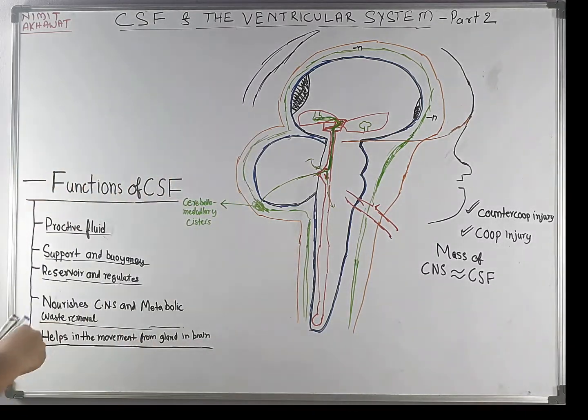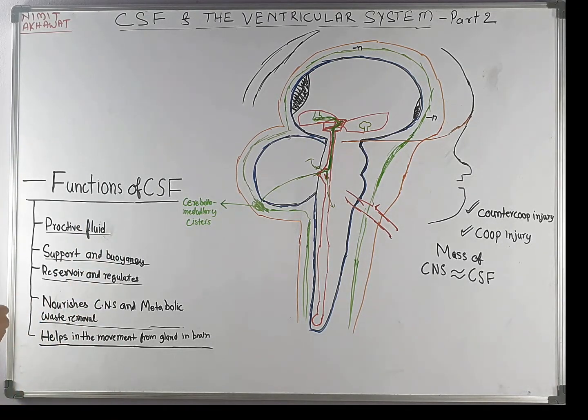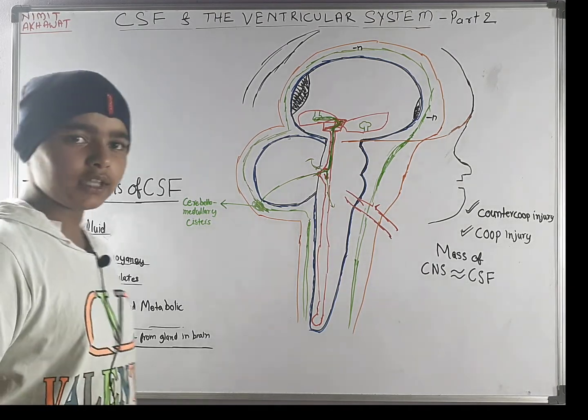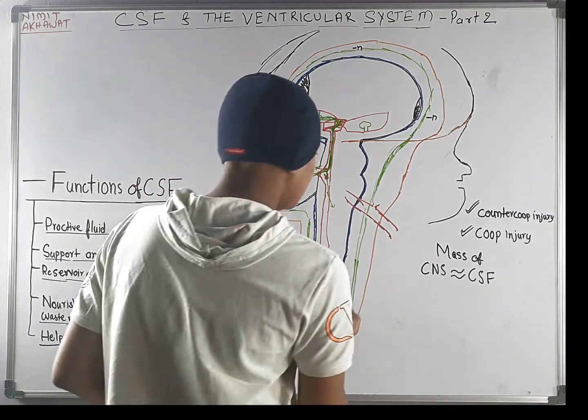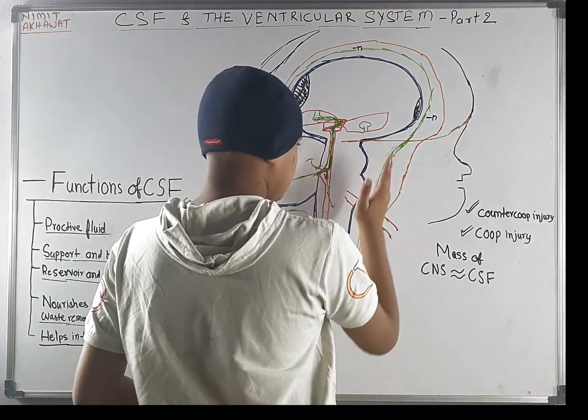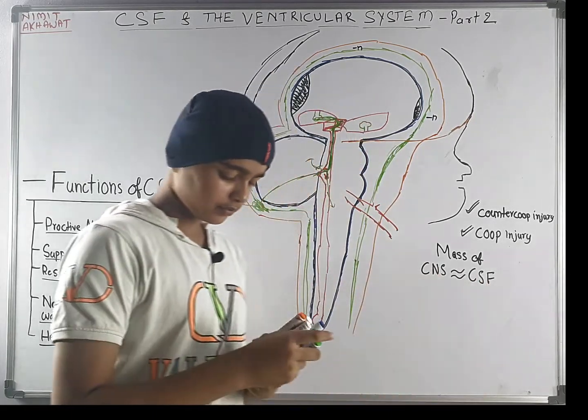Now we will discuss the third function of cerebrospinal fluid. The third function of cerebrospinal fluid is that it acts like a reservoir and regulates the intracranial pressure, or the pressure which is generated in the subarachnoid area due to cerebrospinal fluid.